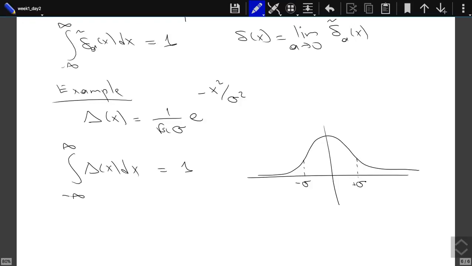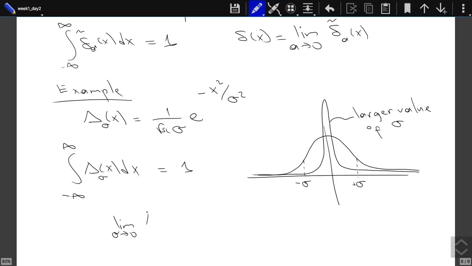And out of this range, it quickly goes to 0. If you take a smaller value of sigma, it becomes narrower but higher. So this corresponds to a larger value of sigma. And in the limit, as sigma goes to 0, delta sigma of x becomes our Dirac delta.